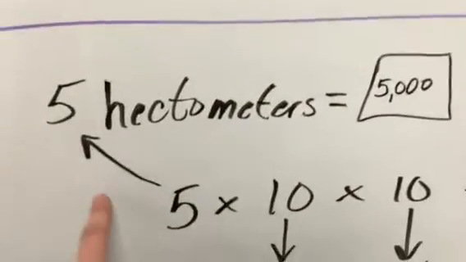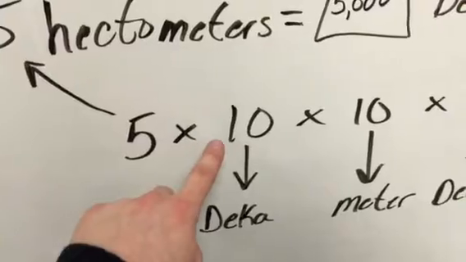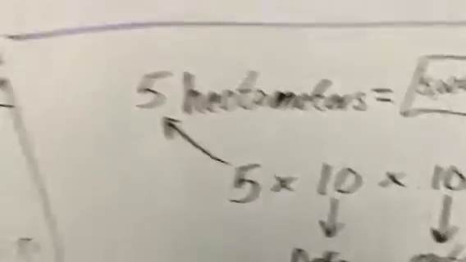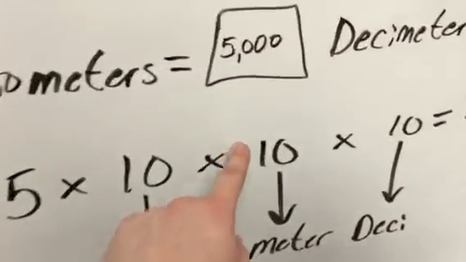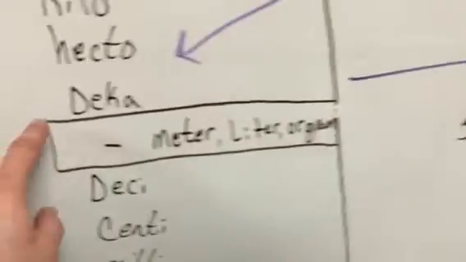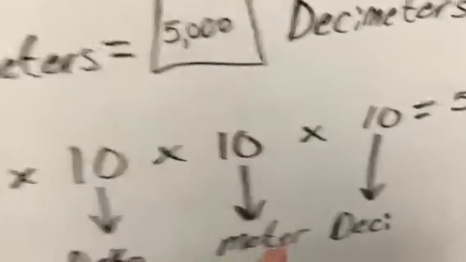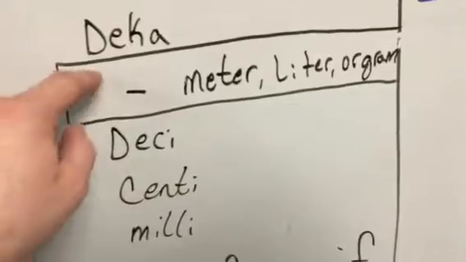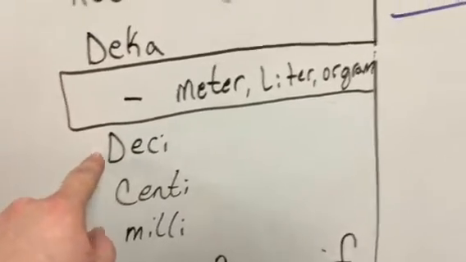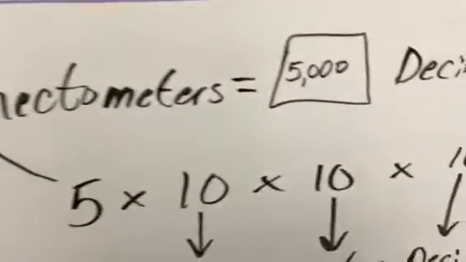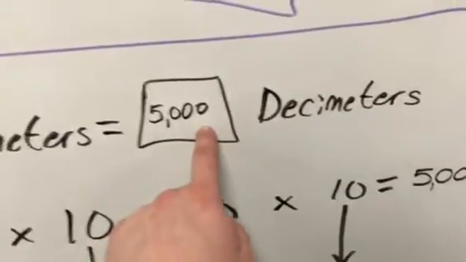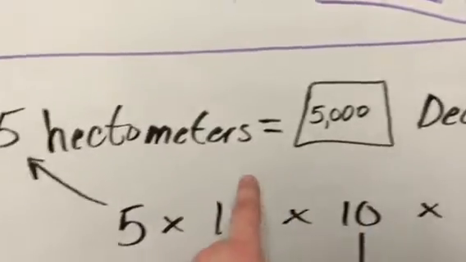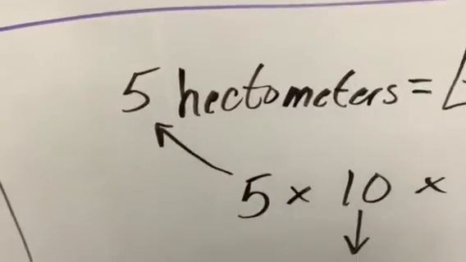We have 5 hectometers and we multiply by 10 for decameters, then times 10 for meters, and finally by 10 for decimeters, because that's where we're trying to go. So 5 times 10 times 10 times 10 equals 5,000. So we write that in our box. 5,000 decimeters equals 5 hectometers.